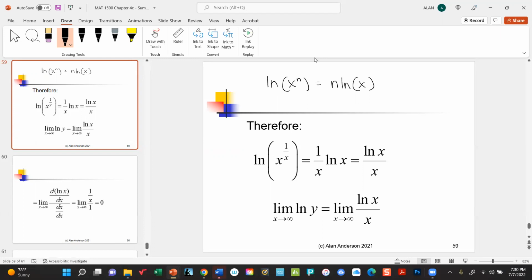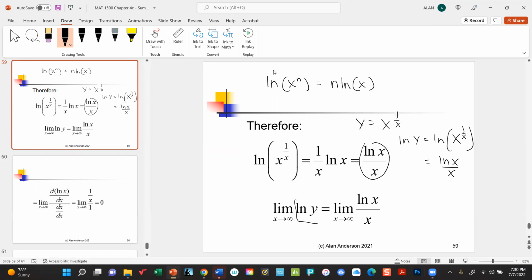So remember, if we define y as x to the 1 over x power, then the log of y is log x to the 1 over x. So that's what this is. What we're actually doing here is not taking the limit of y now.